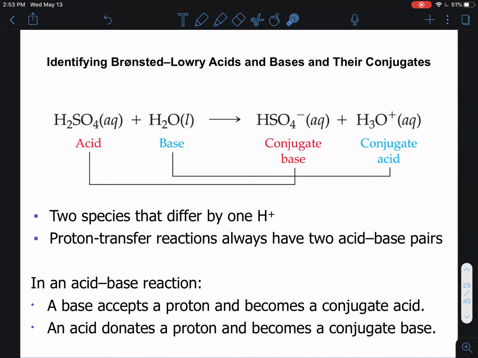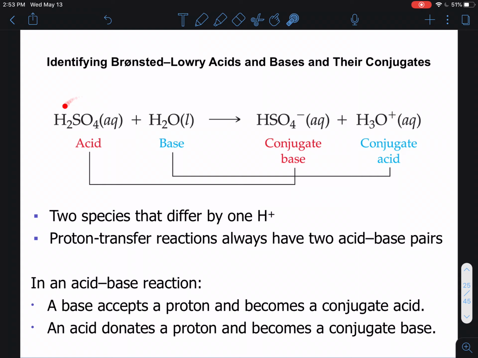All right. So in an acid-base reaction, again, bases always accept protons and become a conjugate acid. So in this situation, we have hydrochloric acid and water. Water is going to act as the base. So we follow the line over. It starts off as a base, and then once it accepts a proton, it forms its conjugate acid.